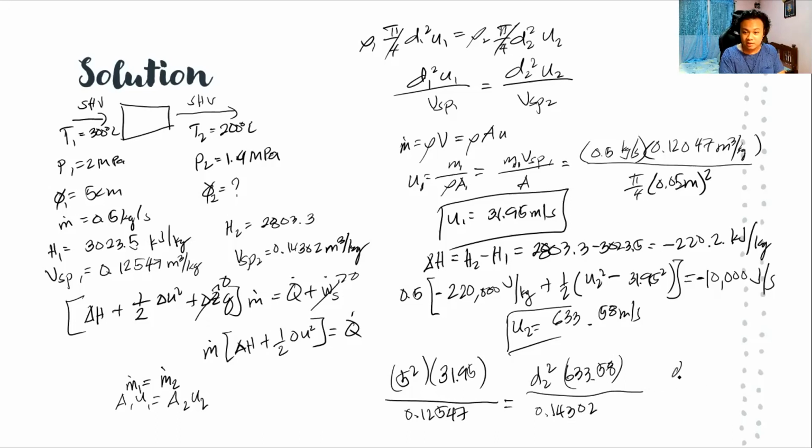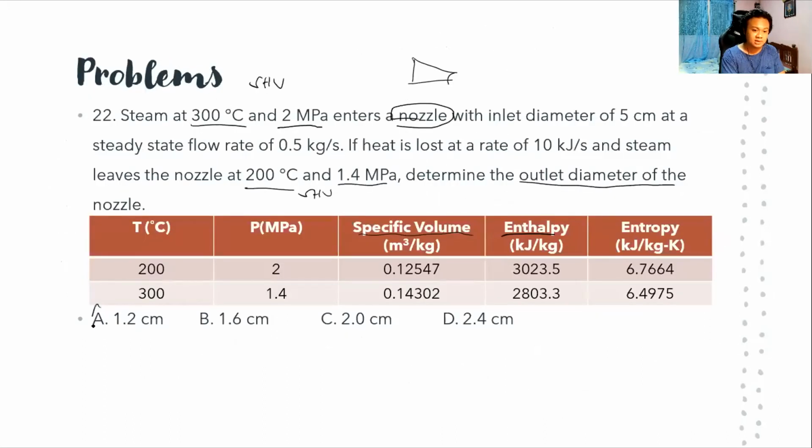And then you can get the D2 equal to 1.2 centimeters. Okay, that's letter A in our choices. Okay, that's letter A. So that's it.